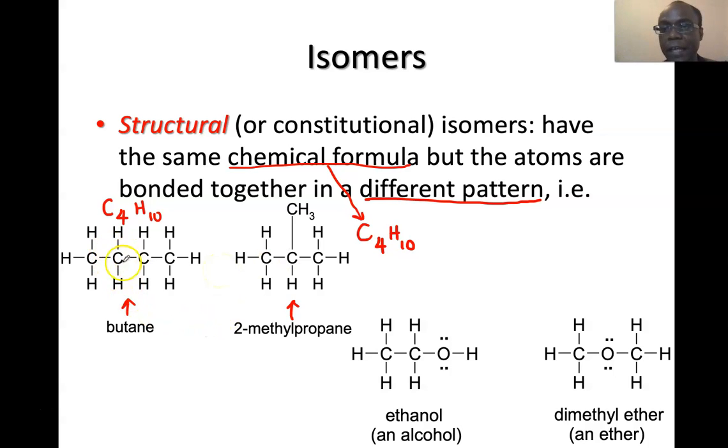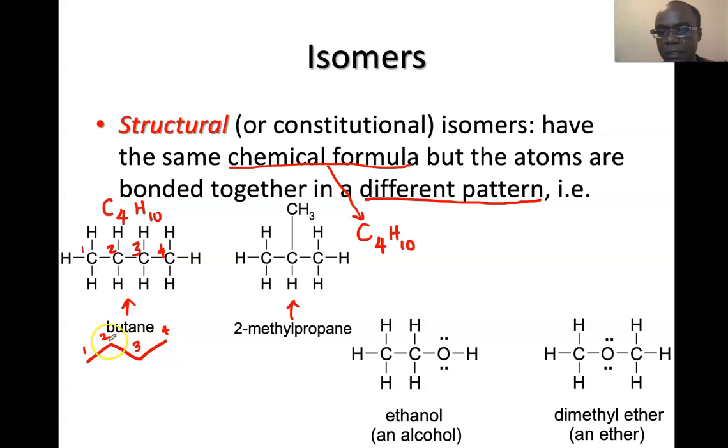Now, if I draw the line angle structure for butane, it's just going to be like that, where this will be carbon 1, this will be carbon 2, this will be carbon 3, and this will be carbon 4. The hydrogens are not shown, but to satisfy 8 electrons around each of these numbered carbons, you can tell that you'll need 4 bonds around each of these.